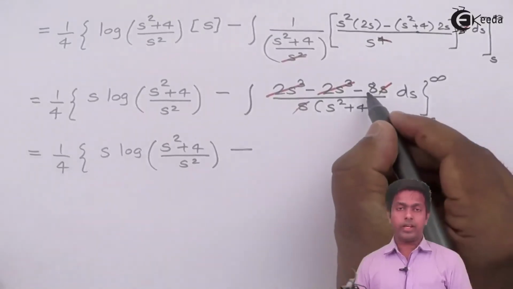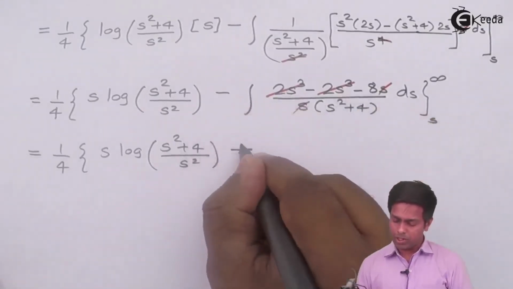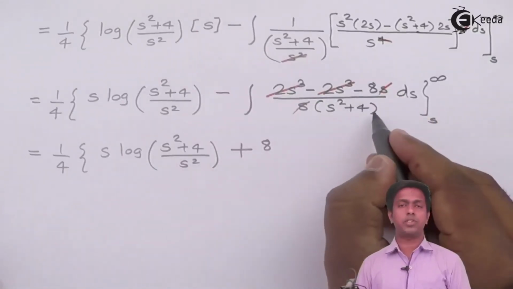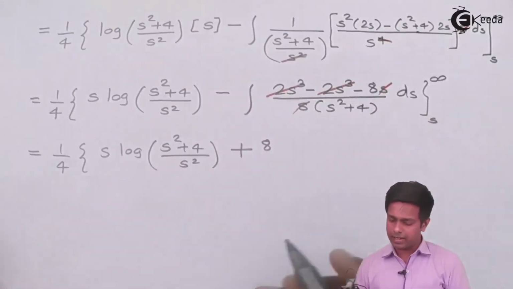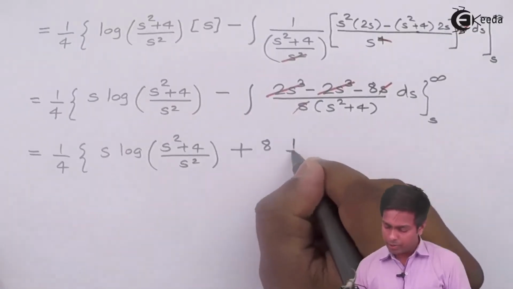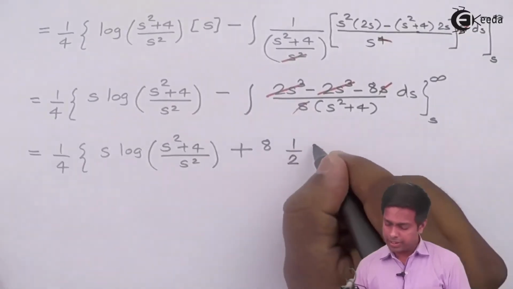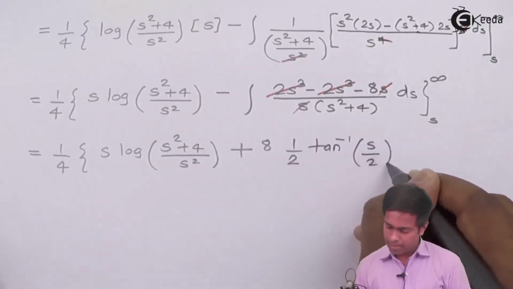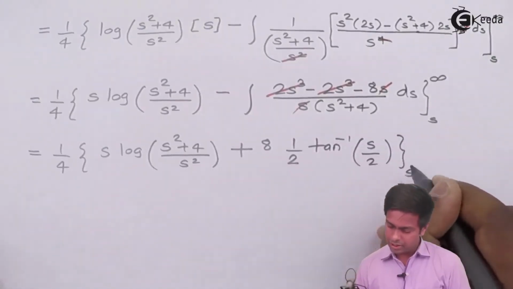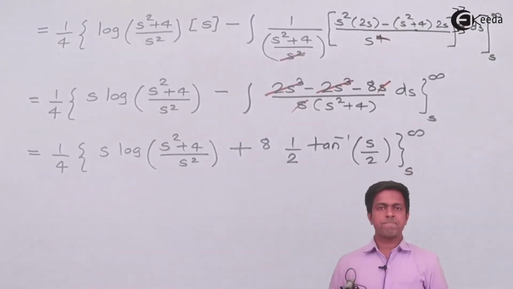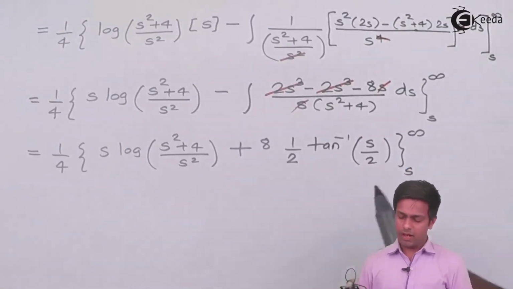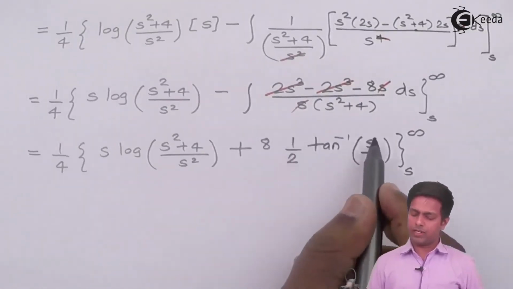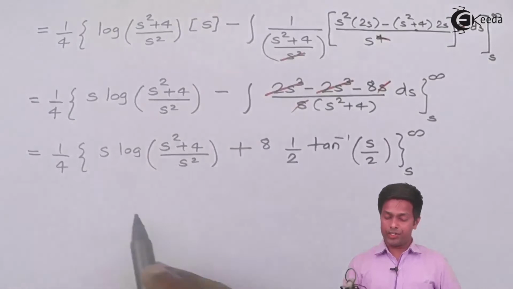Now negative 8 I can take it outside, that will become positive 8, and in the integration we will get 1 upon (s square plus 4), and integration of that is 1 by 2 into tan inverse of s upon 2, and this is from s to infinity. Now guys, here this 8 by 2 is 4 and tan inverse s upon 2. Now we got this function.